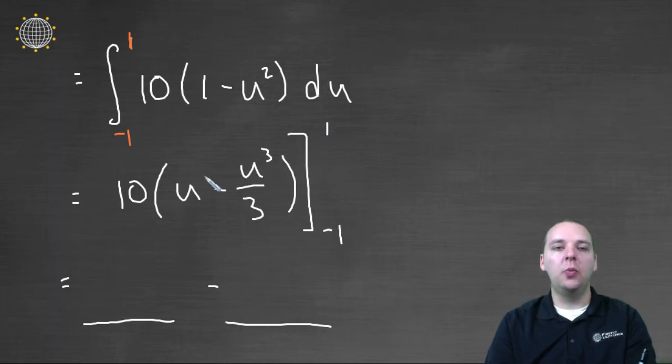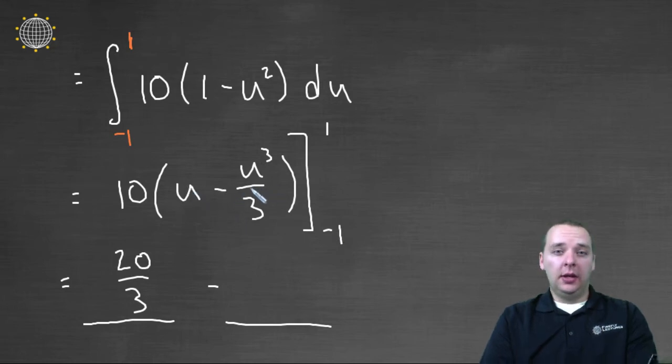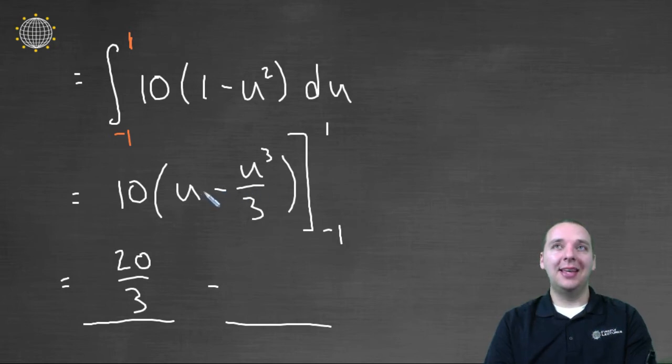If you plug in a 1, let's just do that math. 1 minus 1/3 makes 2/3. And then 2/3 times 10 makes 20/3. Now let's plug in -1. -1 minus 1/3 would make -4/3. -4/3 times 10 would make -40/3.